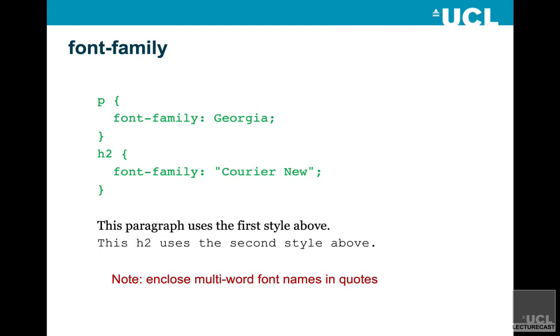Font family is another property that we can use within CSS. Font family specifies what type of typeface the browser is going to use for presenting the textual information. In this example, we're using a single font assigned to the font family, Georgia, and in H2 we're using another font which is called Courier New.